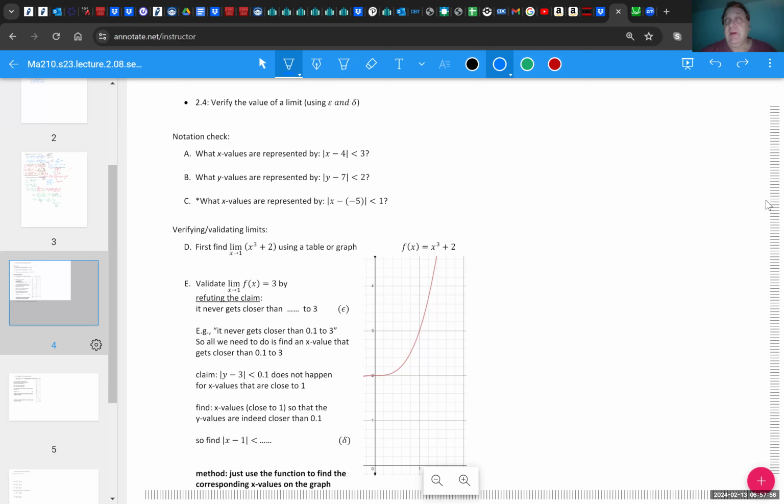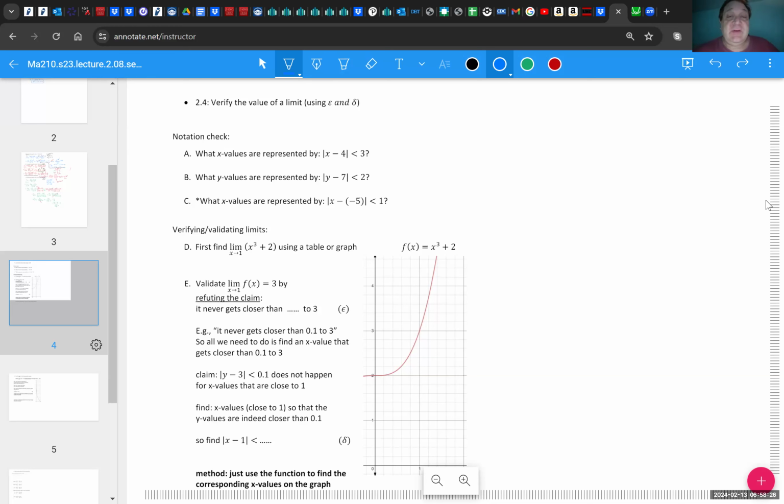Well, if the answer weren't 3, there would be some difference, something where we couldn't get closer than 2.975 or something. There'd be some point in which we could say, okay, it can get no closer than 0.0025 or something, right? So we could have some separation between what we find by taking a table and what we actually theoretically think the answer is going to be. So that's how our argument's going to go.